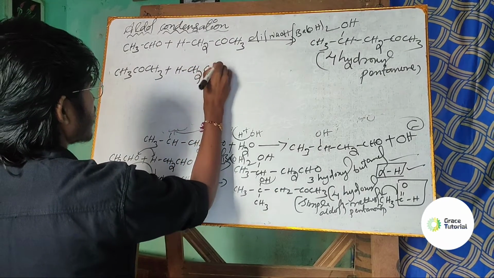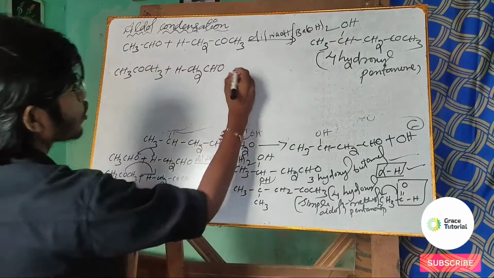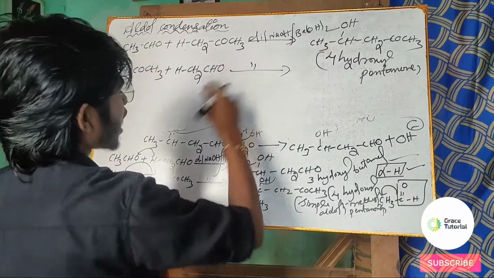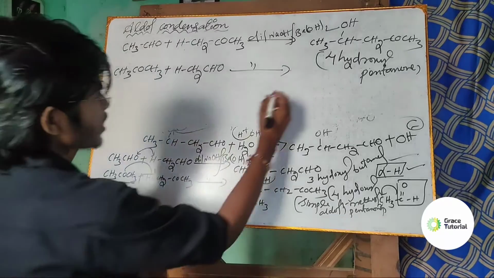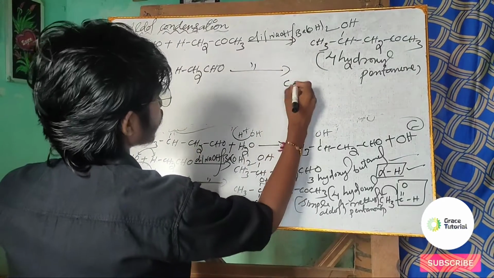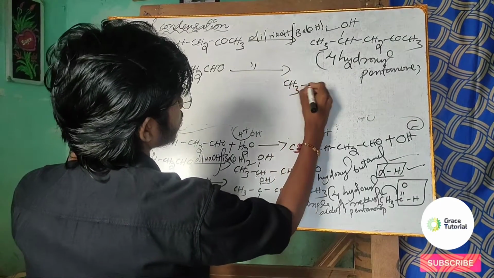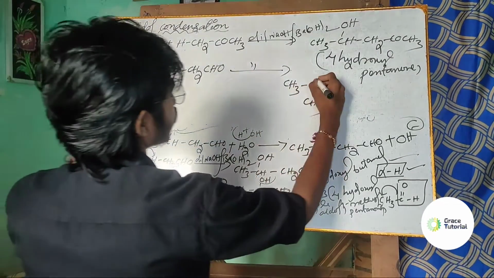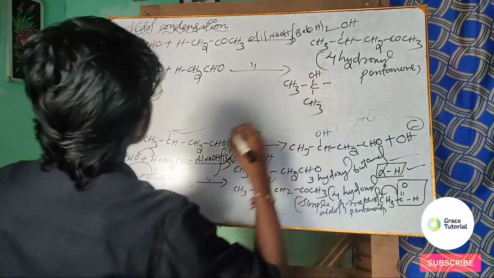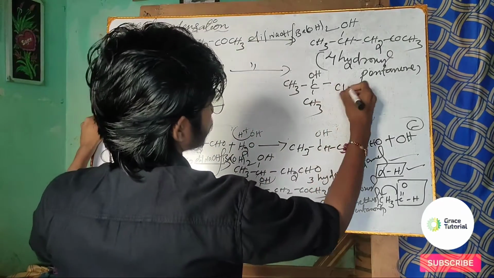Similarly, if I take CH3 CO CH3 and CH3 CHO, that is acetaldehyde and acetone, in the presence of dilute alkali or barium hydroxide, what happens? CH3 here, CH3 C, CH3 and here OH, CH2 CHO.